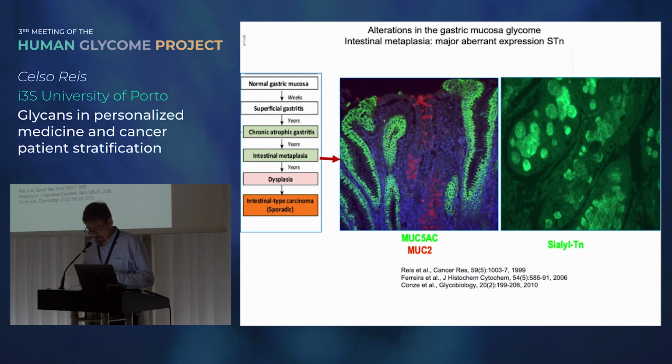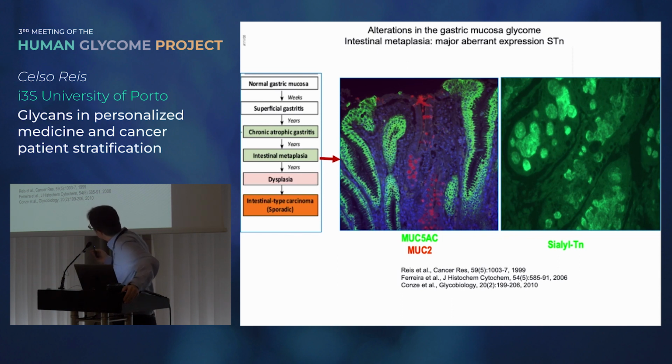But in the gastric carcinogenic process, so before there is a tumor, there are several alterations that can occur in the tissue. For example, in this mucosa, a lesion can appear that pathologists recognize as intestinal metaplasia, which, if you look just by this simple analysis with monoclonal antibodies, completely changes the expression of the glycoproteome and the glycome.